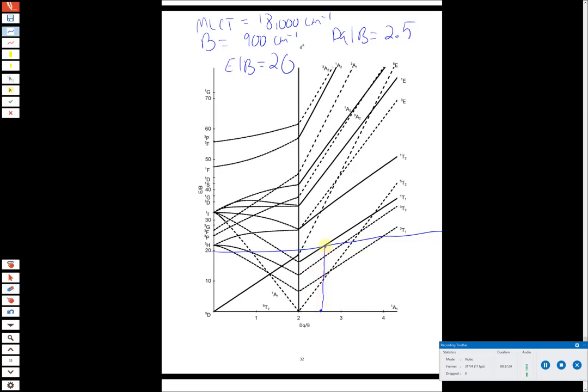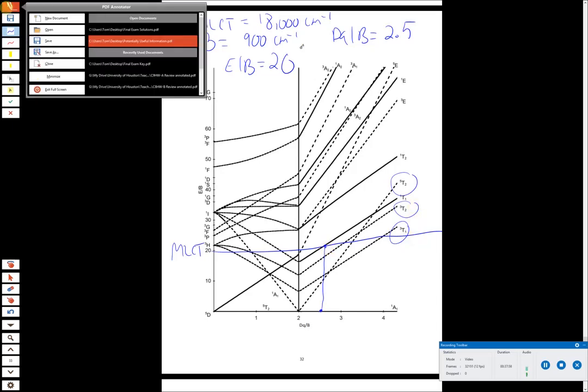Alright, and so we're looking for the three term symbols that are below that, so that's going to be these three dashed ones here, which are triplet T2, triplet T1, and then this one we follow up to quintet T2. So there's three term symbols that are below. This is our MLCT here at E over B equals 20. My line's not perfectly straight, but nonetheless, the three that are clearly below that are these three dashed ones here, which are quintet T2, triplet T2, and triplet T1.